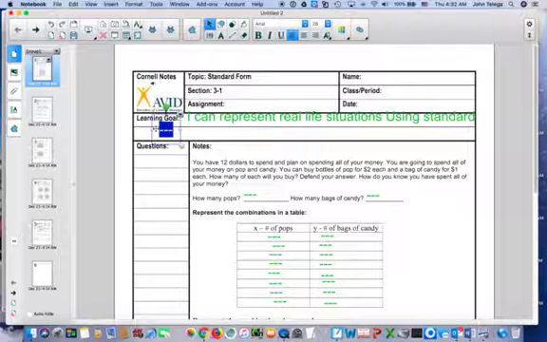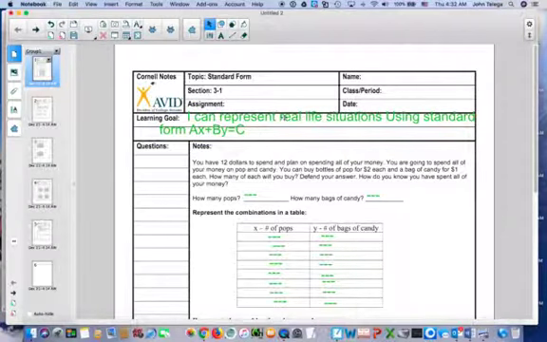Using standard form, and it's ax plus by equals c. All right, let me neaten that up a little bit. So I'll drop this down a little bit so you can see it all in the line.